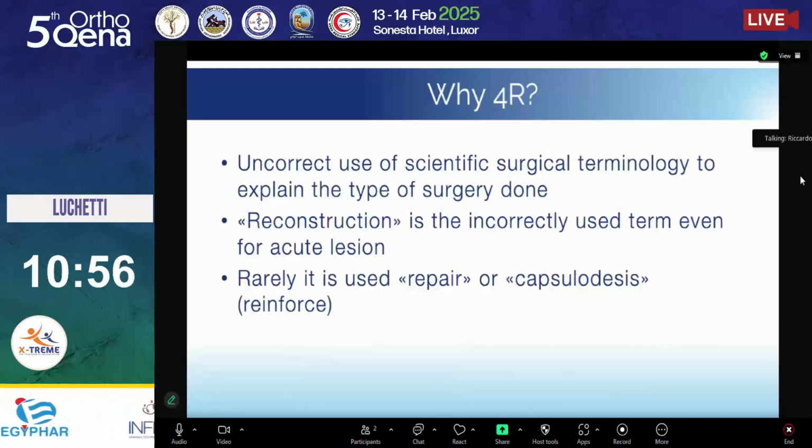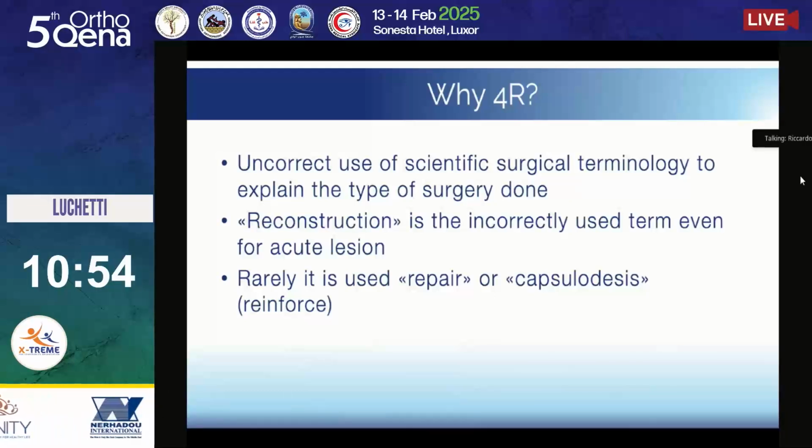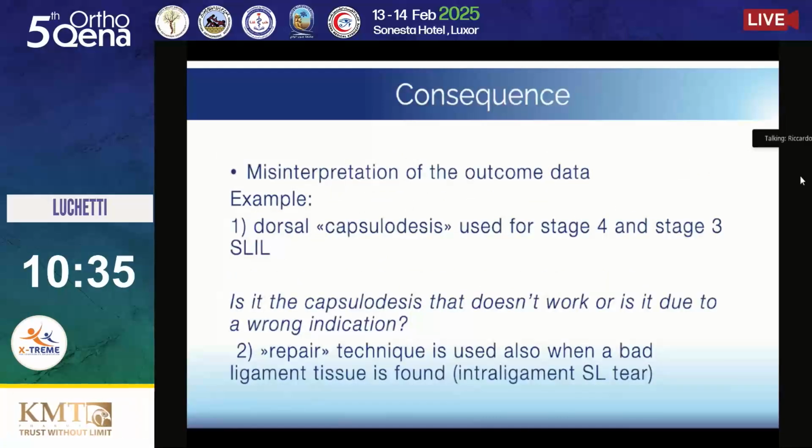Because frequently in publications or meetings, the speaker talks about a reconstruction where they intended acute lesions, so they are repairing, not reconstruction, or uses reconstruction for reinforcement, capsulodesis. This is another thing. So they produce a misinterpretation of outcome data.